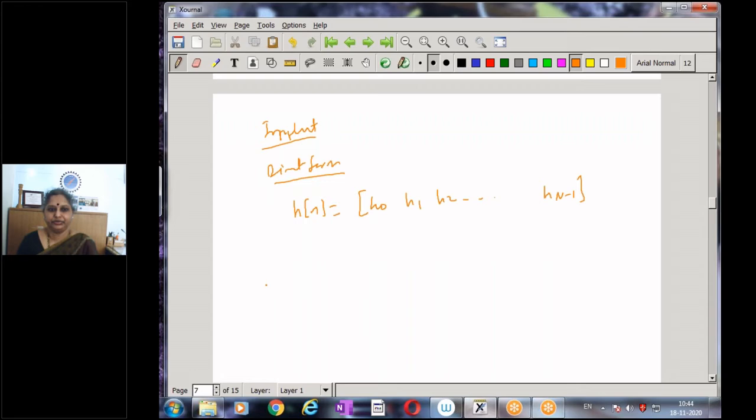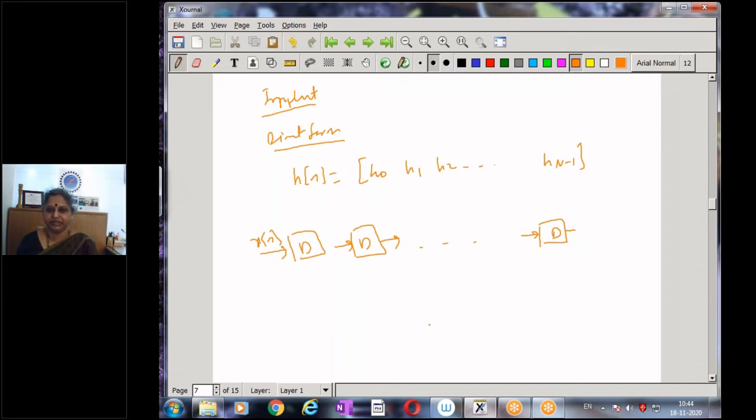All that I need to do is I have my input x of n, and I will have a lot of delay elements, and these can be recognized as the branch gain, and this is my output yn.